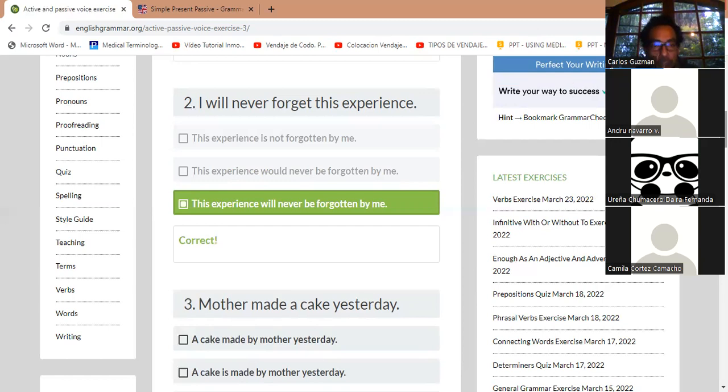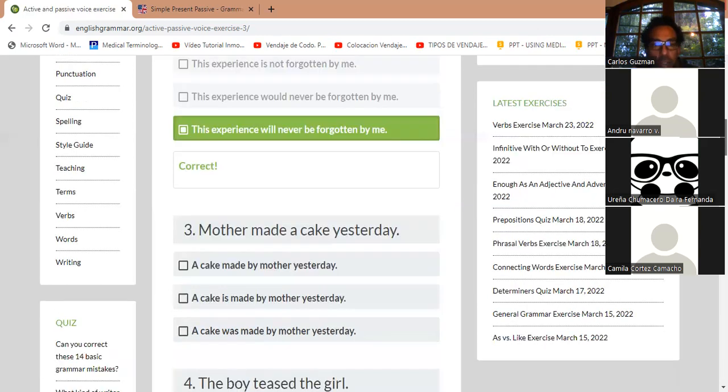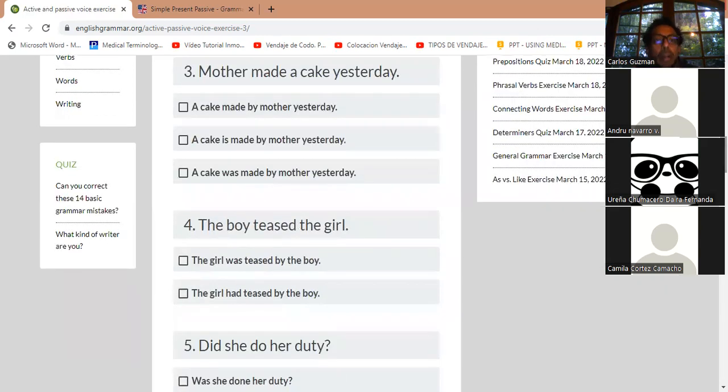All right, so anyway, number 2, good job. All right, so Andrew, do number 3. Teacher, mother make a cake yesterday. Sería a cake was made by mother yesterday.